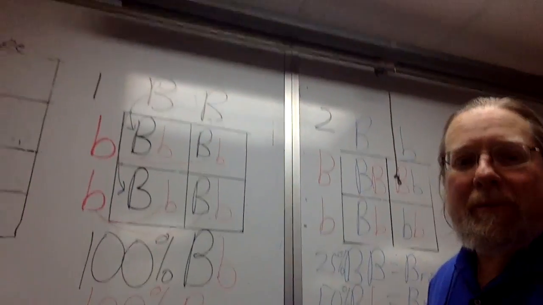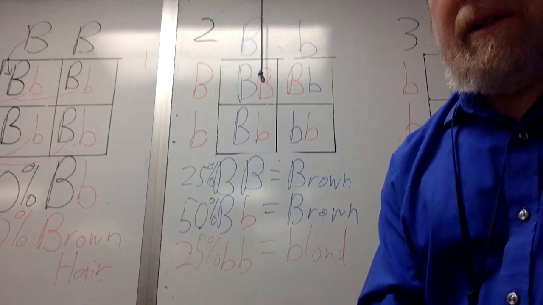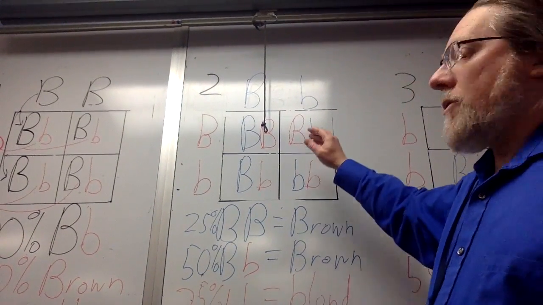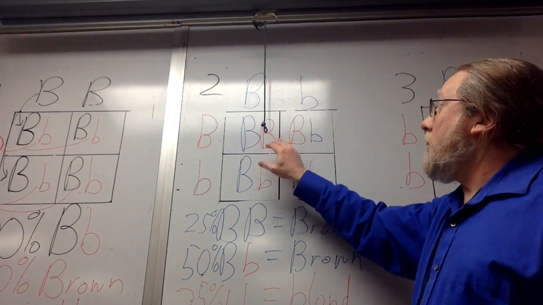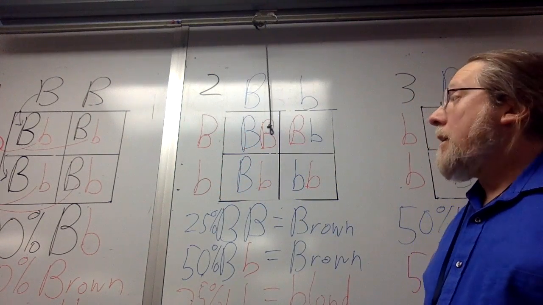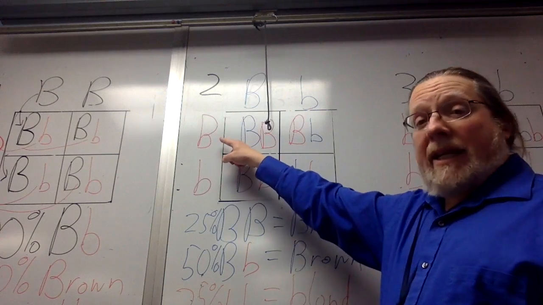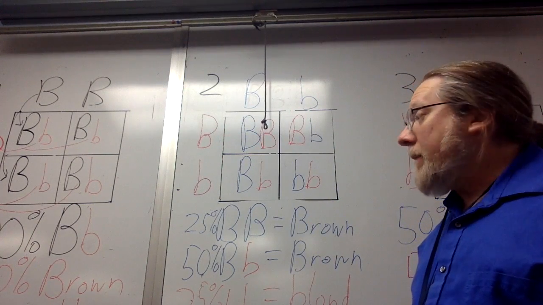Another example. So here we have a situation where we have two heterozygous parents. Their hair would appear brown. That would be the phenotype because they each have a dominant gene.